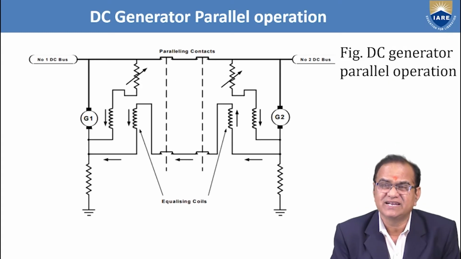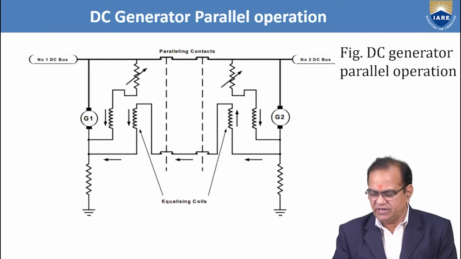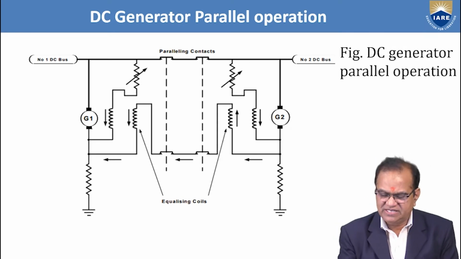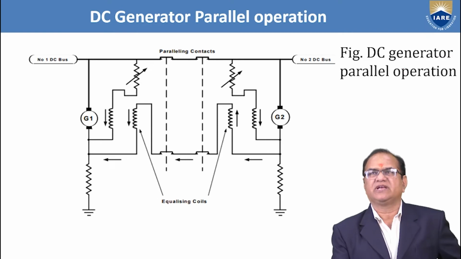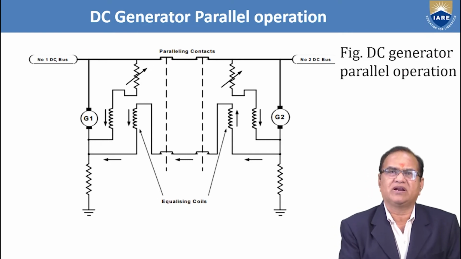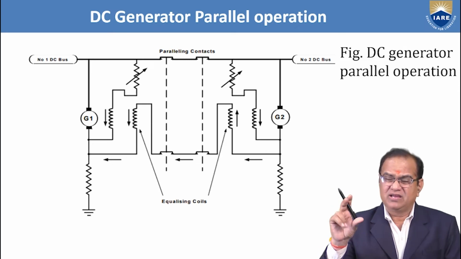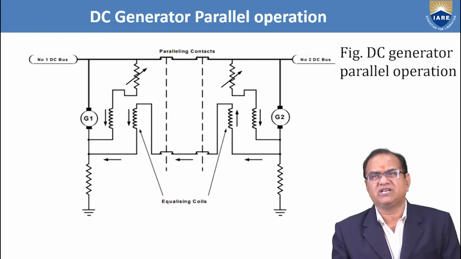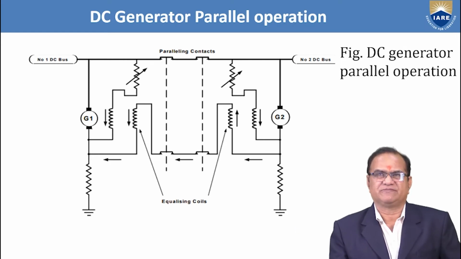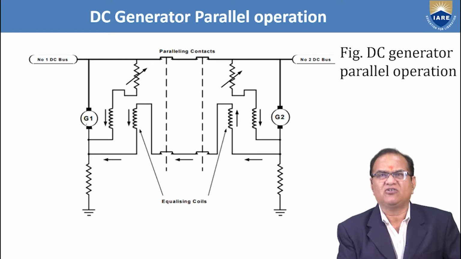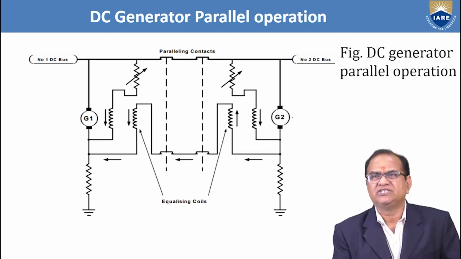Here the DC generator parallel operation is shown, which I was discussing. Here you can see the number 1 DC bus and this is the number 2 DC bus. A bus is nothing but an electrical power point from where power is distributed to the different systems. Here we have G1, here we have G2.